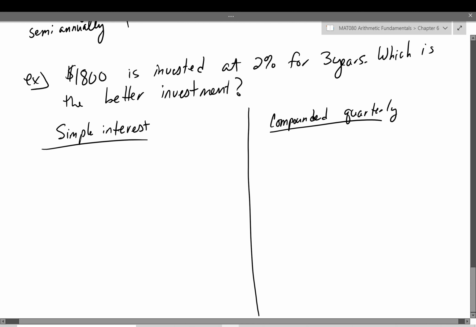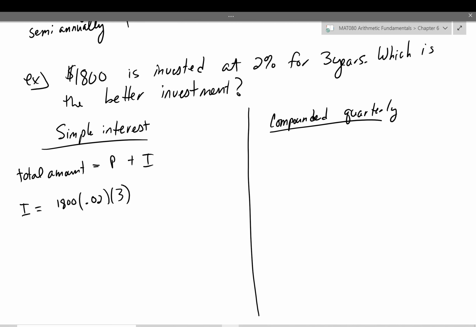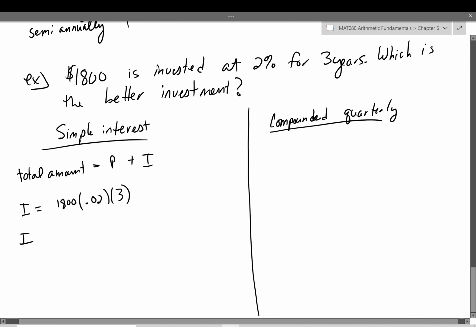Okay? So with the simple interest, we know the total amount is going to equal the principal plus the interest. So let's find the interest first. So we know it's going to be 1,800 times 0.02 times 3. Okay? So for the simple interest, we get 1,800 times 0.02 times 3, or I equals 108.